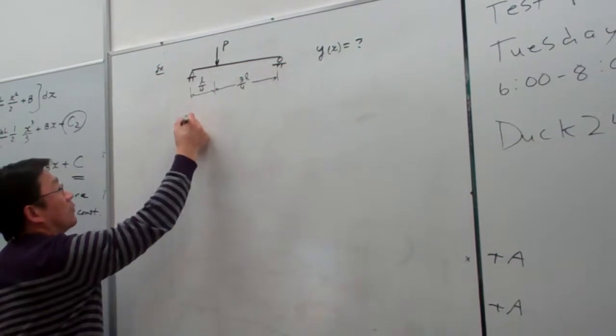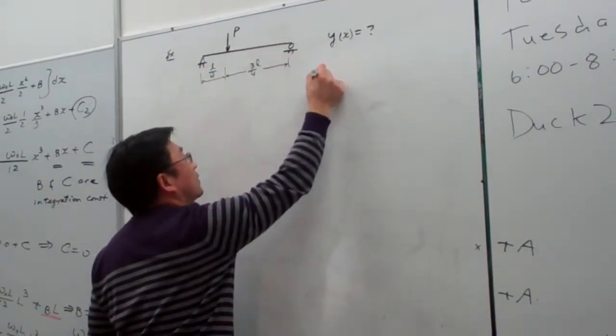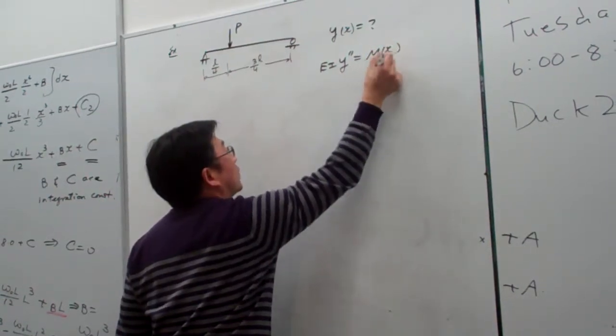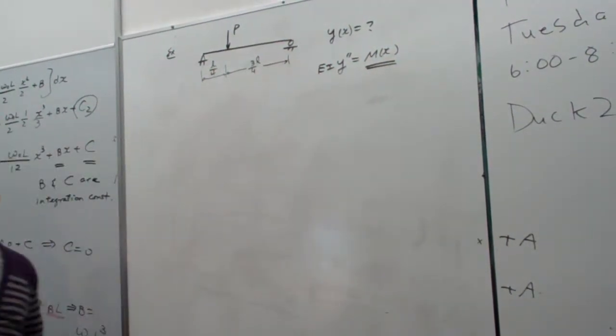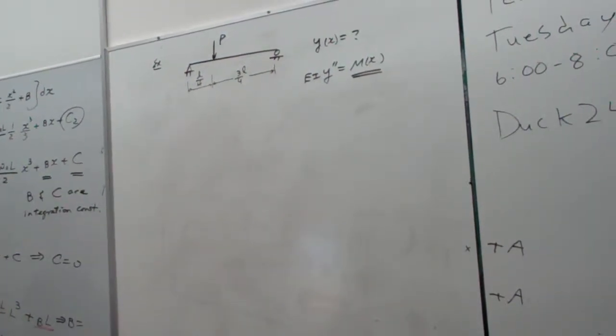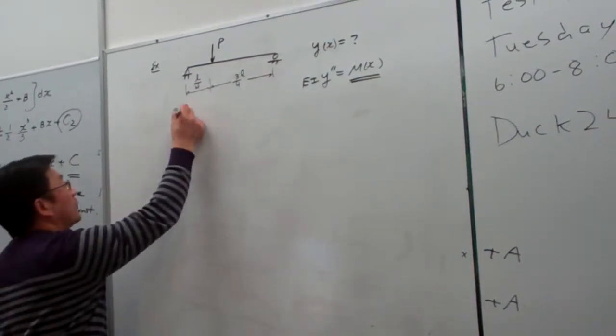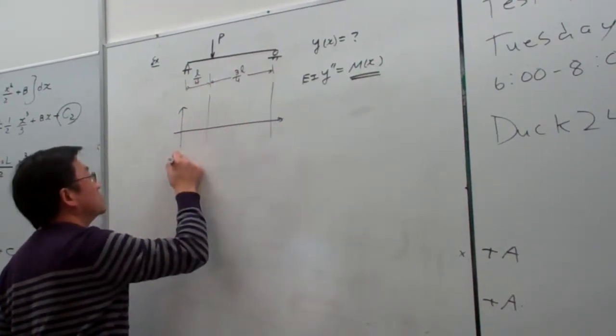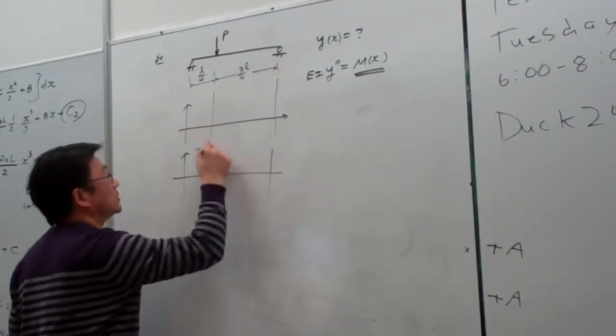Starting from, we have to know EI. We utilize the equation EI y double prime equal to M of x. So by all means, we have to know the distribution of the M first. You can try anyways. I prefer to use the bending curve because that would be easier.